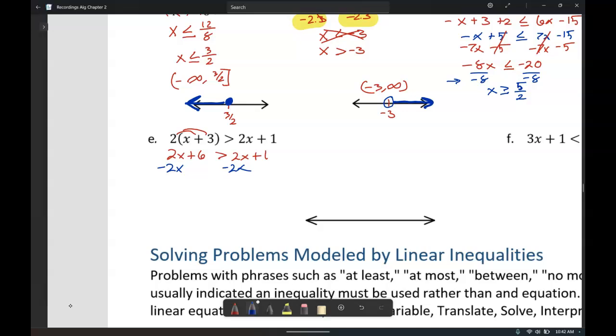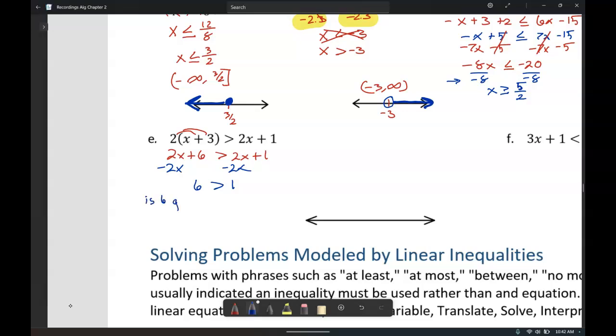And when that happens, we're left with 6 is greater than 1. Well, just like with our equations, when our variables canceled, we had a special type of situation where it was either no solution or infinitely many solutions. So we have to look at the validity of the statement that's left behind.